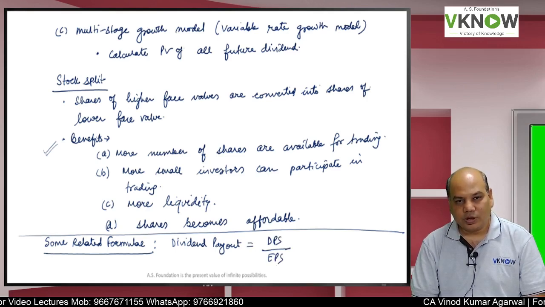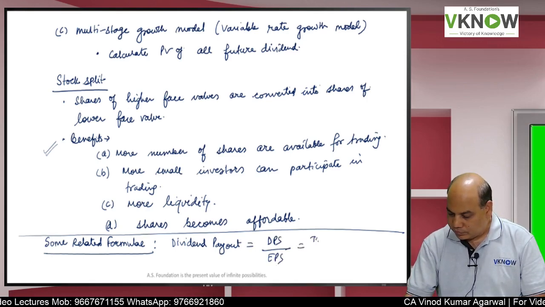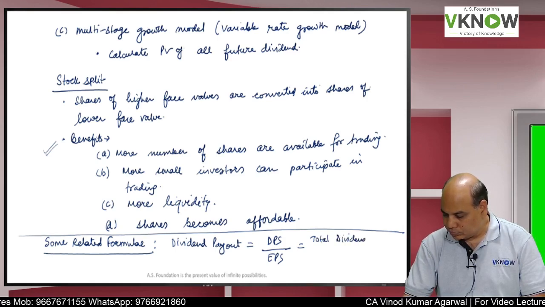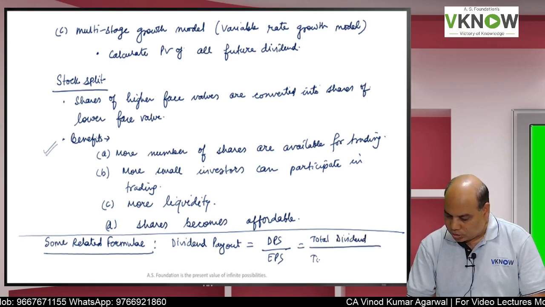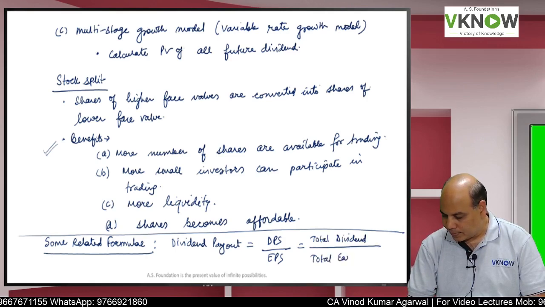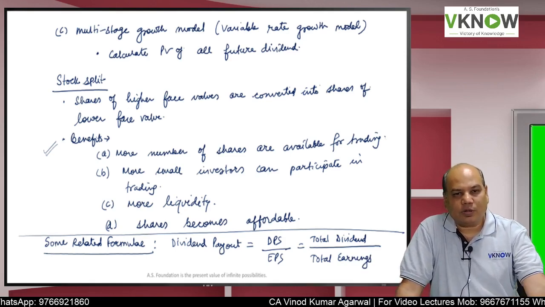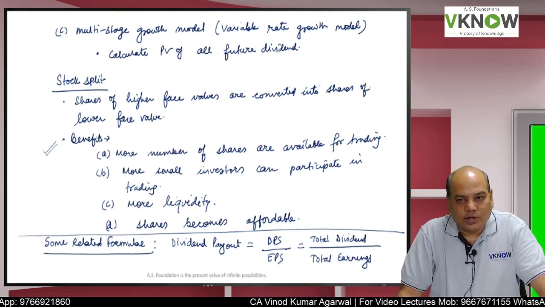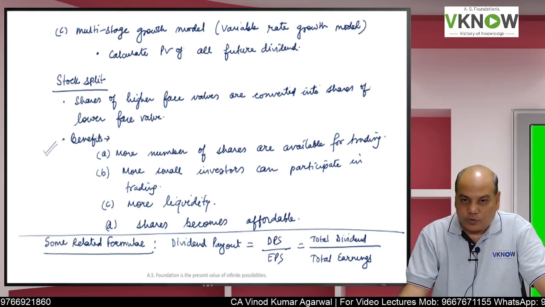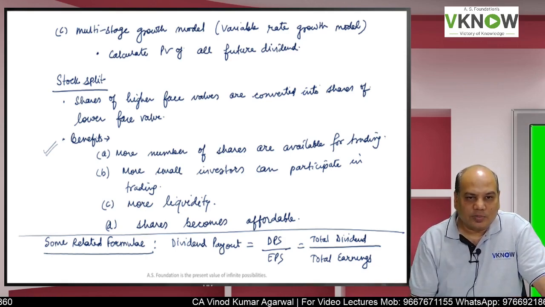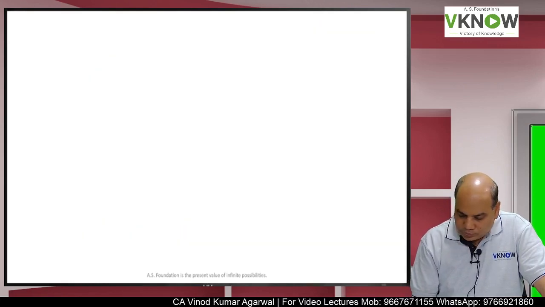DPS upon EPS or total dividend upon total earnings. So you can be required to use this formula to find out the dividend payout ratio. From the dividend payout ratio, you can calculate retention ratio, 100 minus dividend payout ratio.